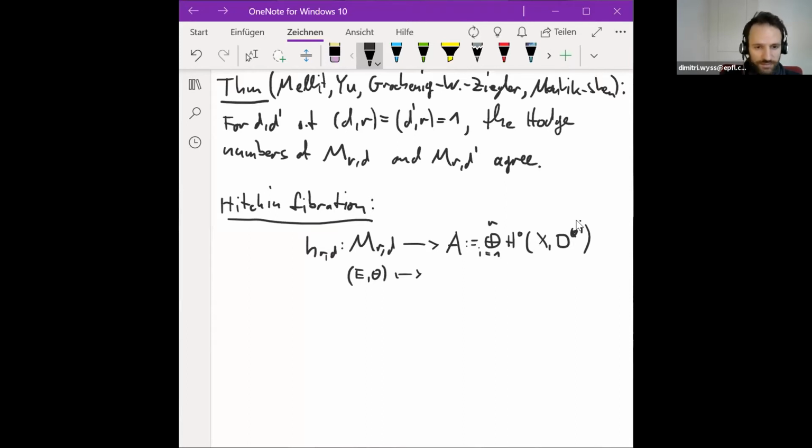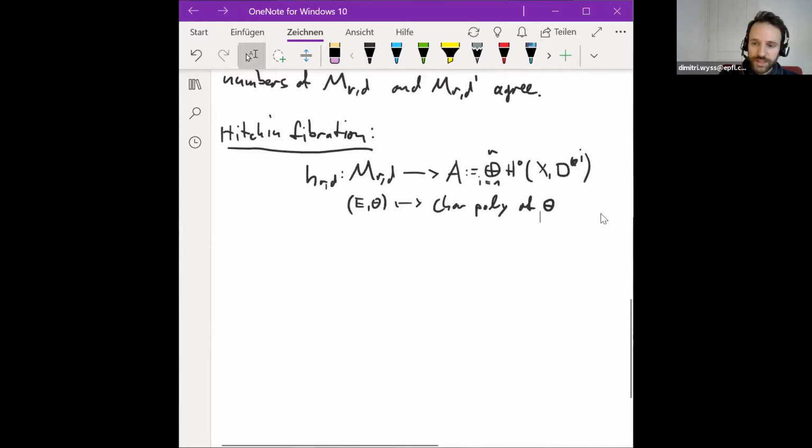So locally, it's given by a matrix with coefficients sections in D. And so if I take the characteristic polynomial of this matrix, the coefficients of that characteristic polynomial will be global sections of the different tensor powers of D. And so we get a well-defined map like this, which is called the Hitchin fibration. And the reason this is so useful is that the fibers of this map can be analyzed quite precisely.